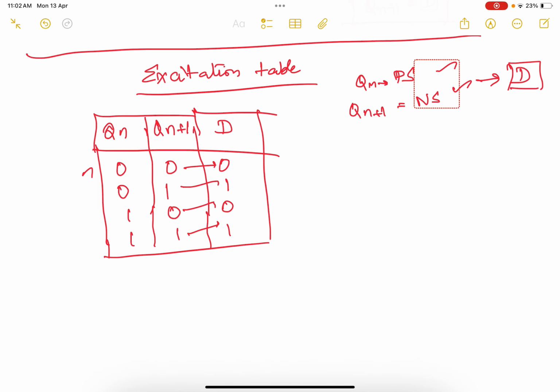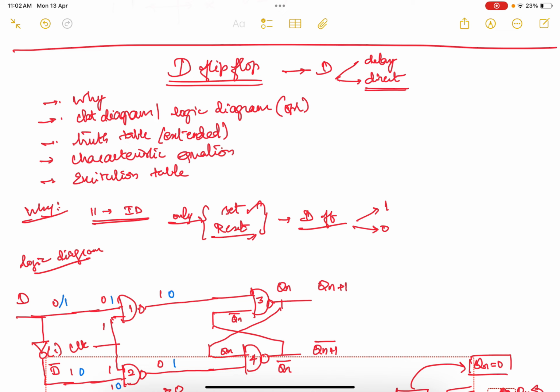Now we will have a glance at how this works. Here you see the D flip-flop, a direct flip-flop or delay flip-flop, where you get your direct output. Why is it called a D flip-flop?